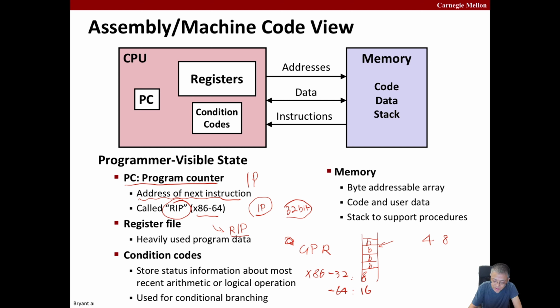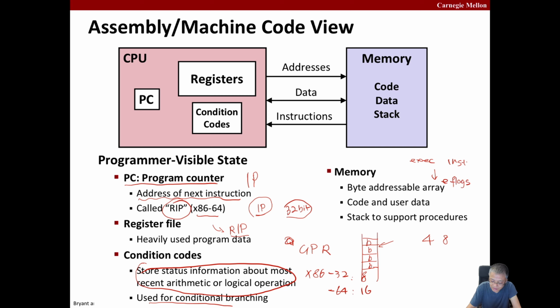There is also a condition code. The condition code can store status information about the most recently executed instruction. It's used for conditional branching. The Intel architecture is interesting, right? You execute an instruction, then it will write the condition code into a register called EFLAGS.